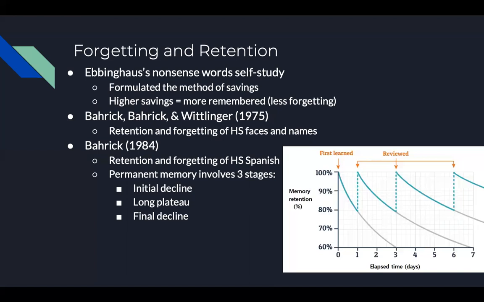So it's not necessarily that once they get past the final decline that's it, they're captured in your memory forever. But really there's some other process or set of processes that are influencing our memory. And it's not necessarily just having to do with the passage of time, which is what Baric kind of came to.